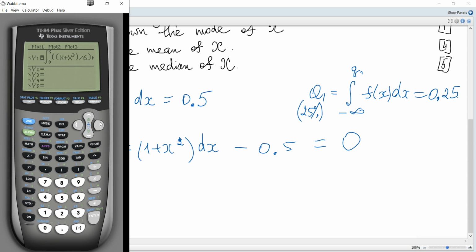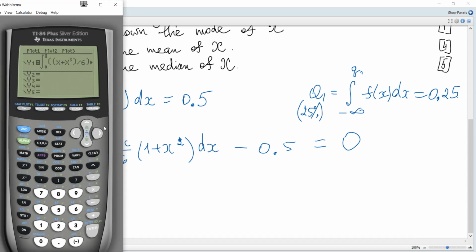X is the variable here. Our function minus 0.5, and we need the x-intercept, or the zero of the given function.